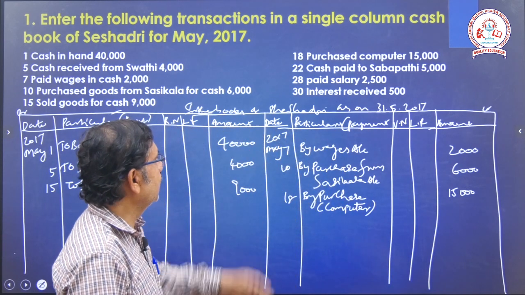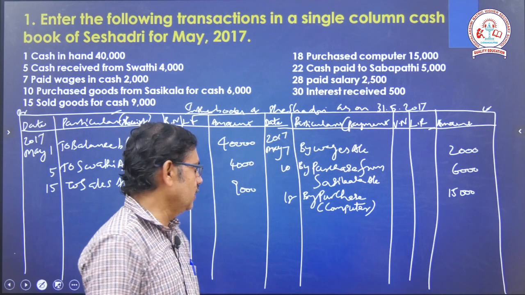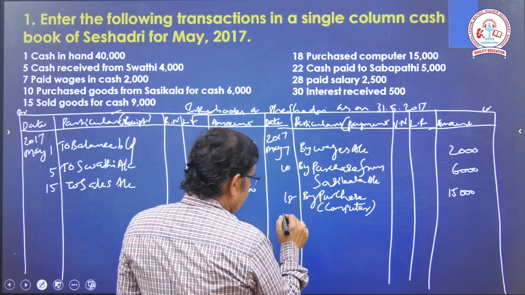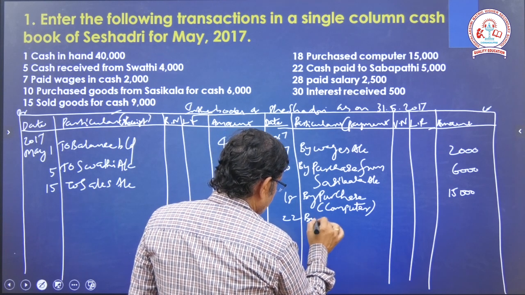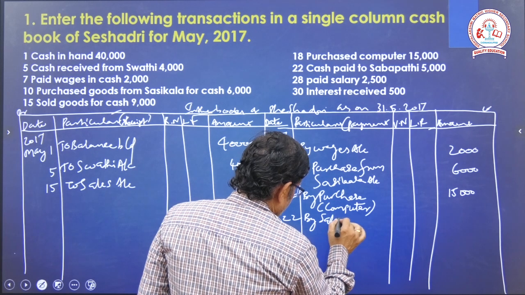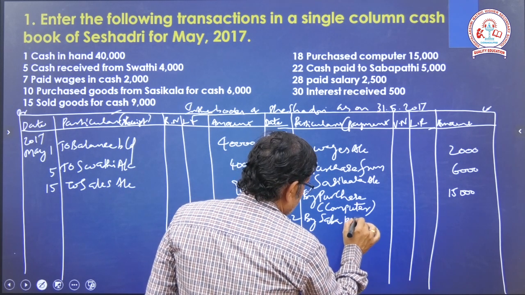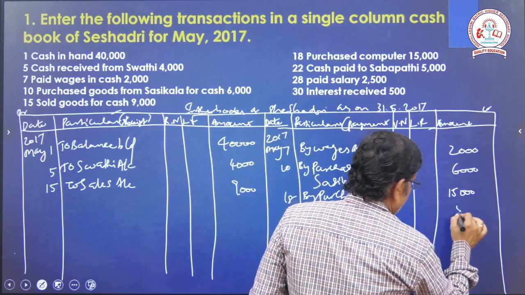Next, we will go for the entry, cash paid to Sabhabati. Sabhabati is the receiver and we are paying money, so it goes to the payment side. Write the date here, 22, the person's name Sabhabati account, and the amount 5,000.